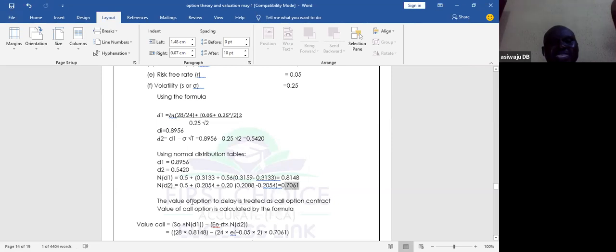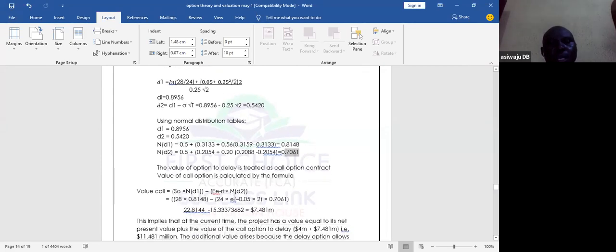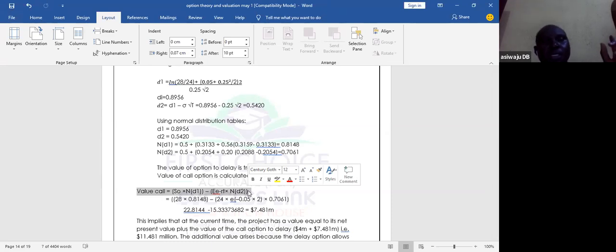Once you have this, the value of the option to delay is treated as a call option contract. Just introduce your formula for the call option. Look at the formula highlighted. This should be the fourth question we are solving on option contracts.